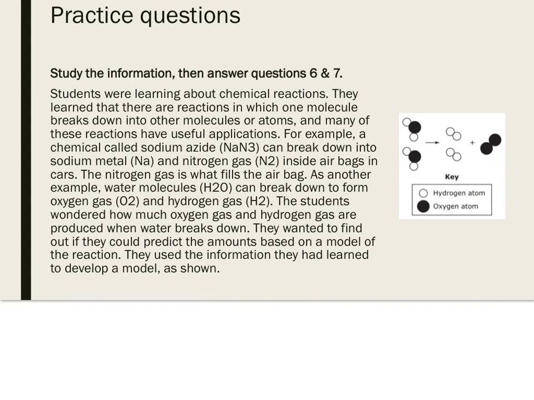So, for example, a chemical called sodium azide, NaN3, where the little 3 should actually be a subscript, can break down into sodium metal, which is Na, and nitrogen gas, N2, where the 2 should be a subscript. This happens inside airbags in cars. The nitrogen gas is what fills the airbag.